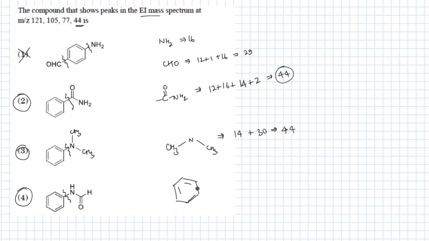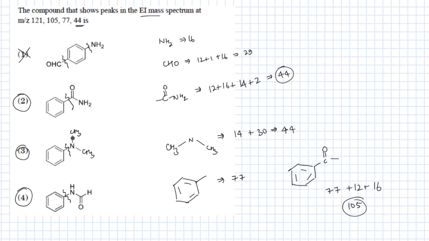Talking about 105, if this phenyl group is attached with a carbonyl group, how much are you going to get? 77 because of the phenyl, and for the carbonyl group, carbon gives you 12 and oxygen gives you 16. If you add all of them you will get 105. This is the only way how you are going to get this.